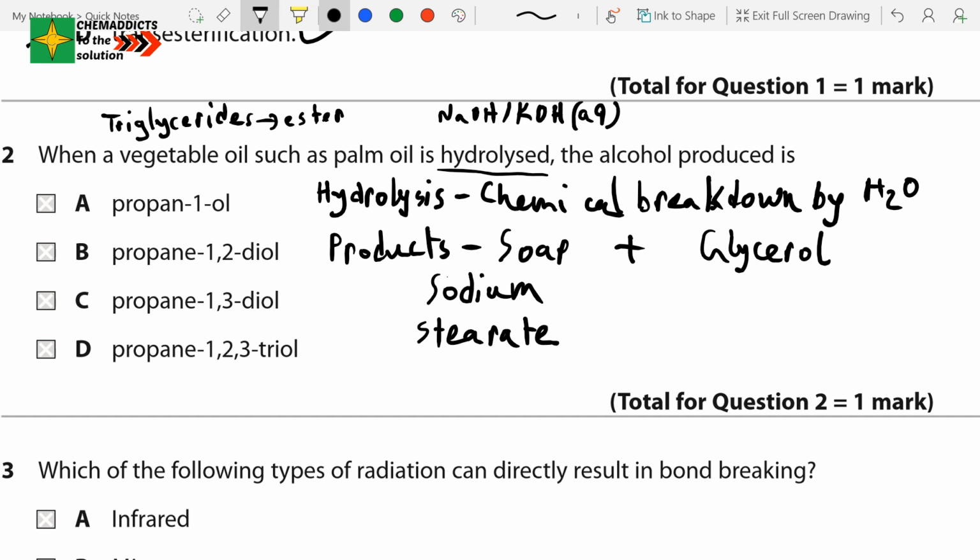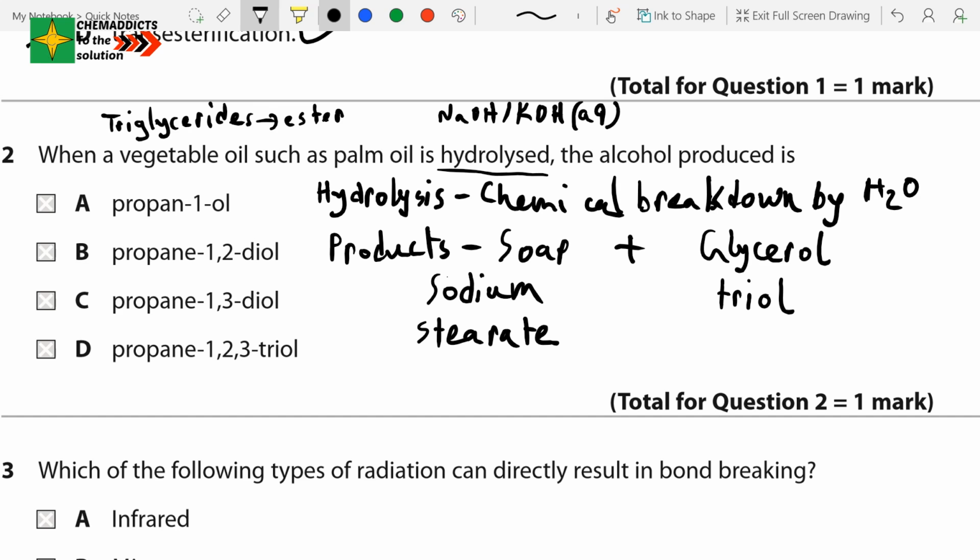So this is sodium stearate. Okay, am I telling this in correct order? Here the products are soap, sodium stearate, and glycerol, which is a triol, as we already know.